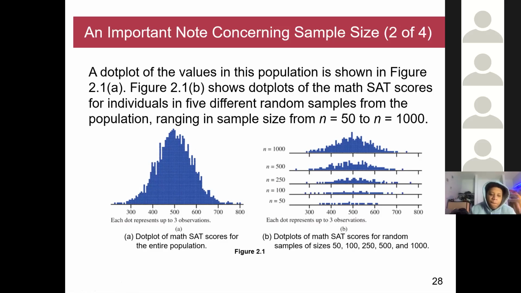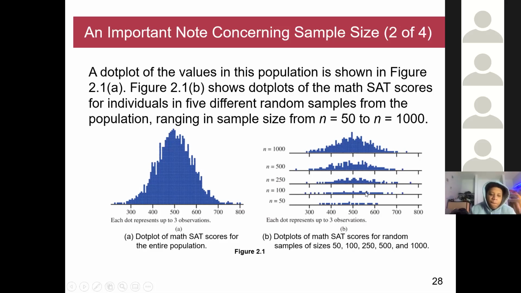Suppose we took samples of different sizes and wanted to see whether the distribution comes close to the spread of data that we see in the population. As we can see, a sample size of 50 from the 5,000 doesn't do a bad job of showing the spread of scores. Most of the scores are between 400 and 600.